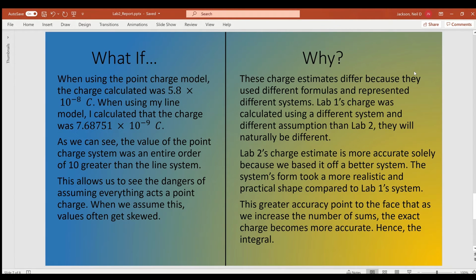For the what if question, when we used the point charge model, in Lab 1 I got 5.8 E-8 coulombs, whereas this current model I got 7.68 times 10 to the -9 coulombs. As you can see, the answer for Lab 2 is a whole magnitude of 10 smaller than what I got for Lab 1, and that's simply because there's more point charges to analyze.